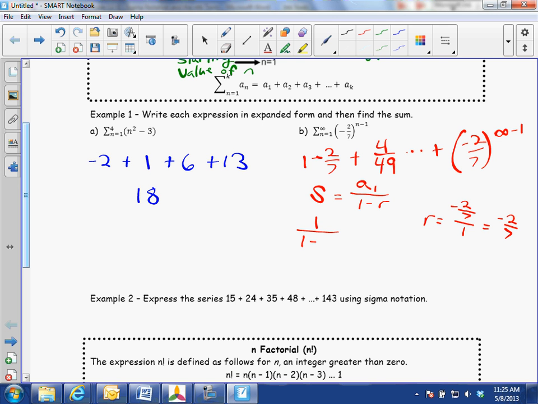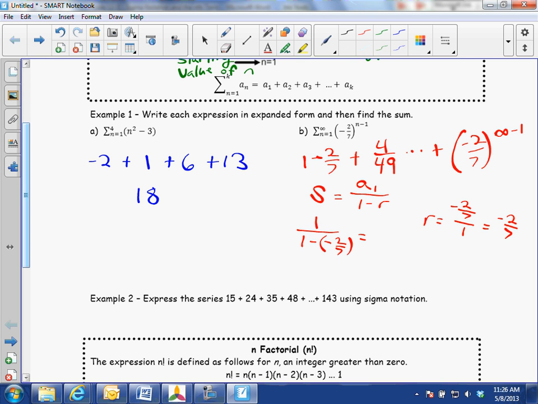Negative 2 sevens. So that would be our r. The absolute value of negative 2 sevens is 2 sevens, and 2 sevens is less than 1, so yes, we can find the sum of this series.